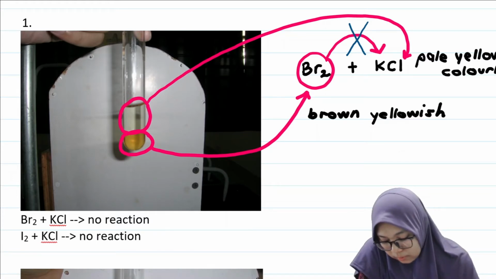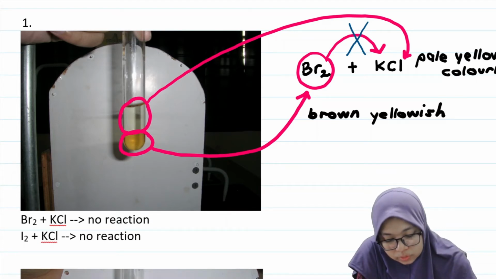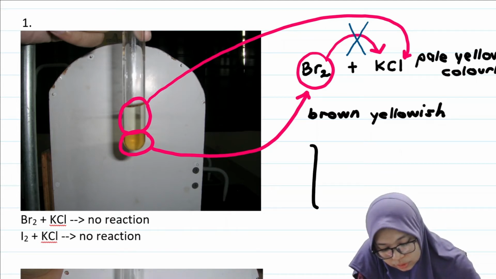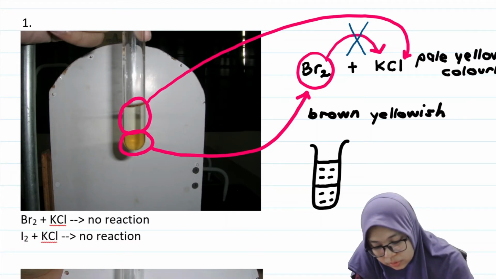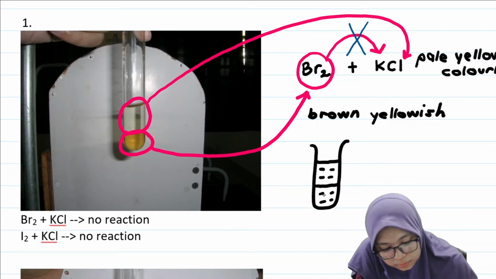If we react iodine and potassium chloride, there will also be no reaction. So in the test tube, what you should see is that, if you have the two separated layers of liquid and aqueous solution there, the bottom part will be purple.